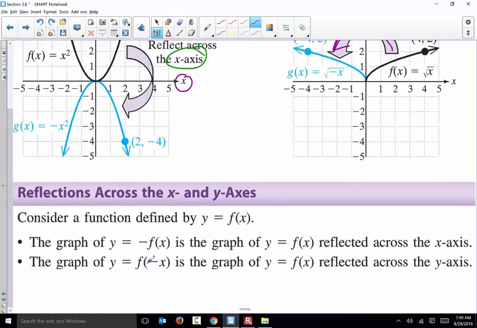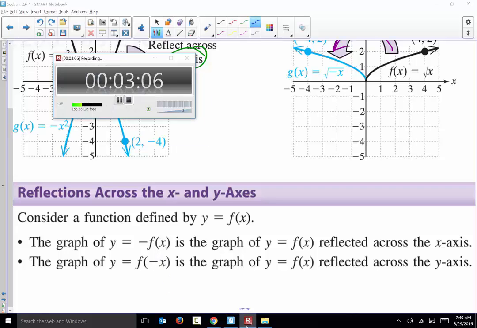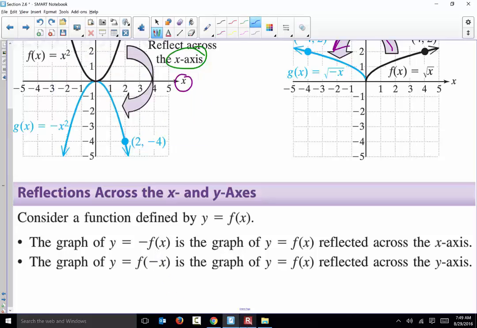Here is the rule. If you put a minus in front of the formula, with the entire formula in parentheses, then we reflect it along the x-axis. Make it upside down.